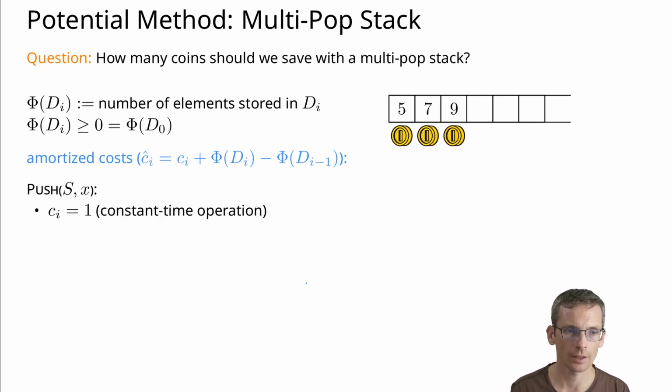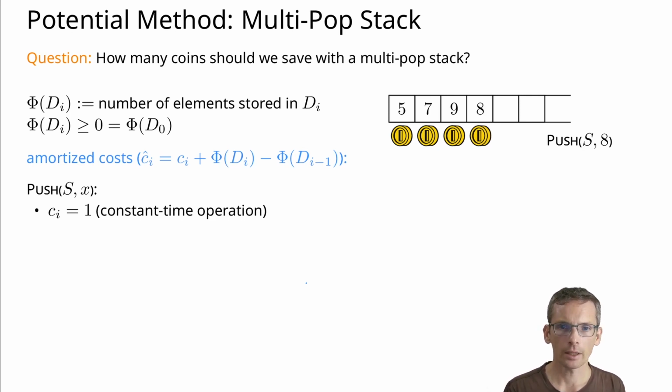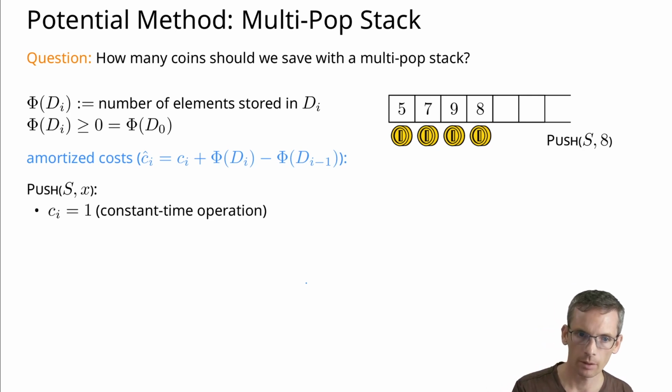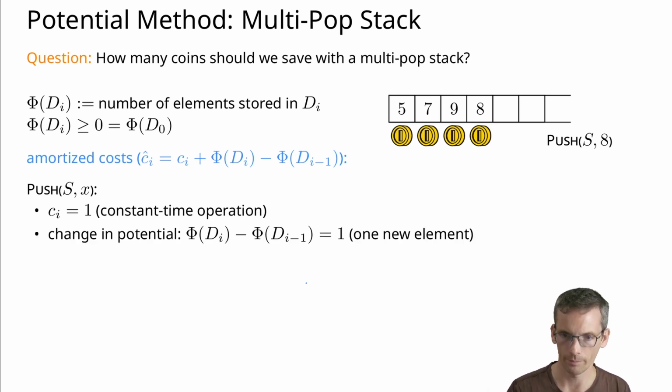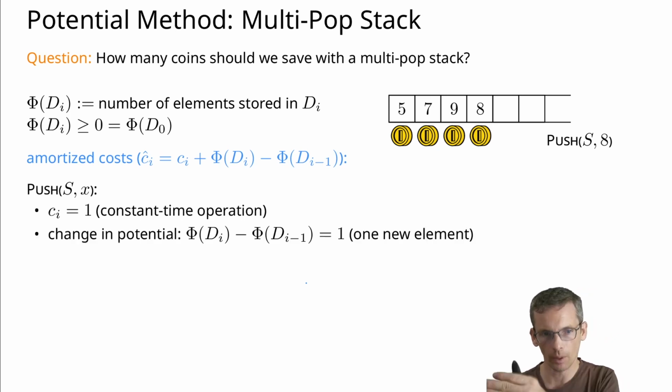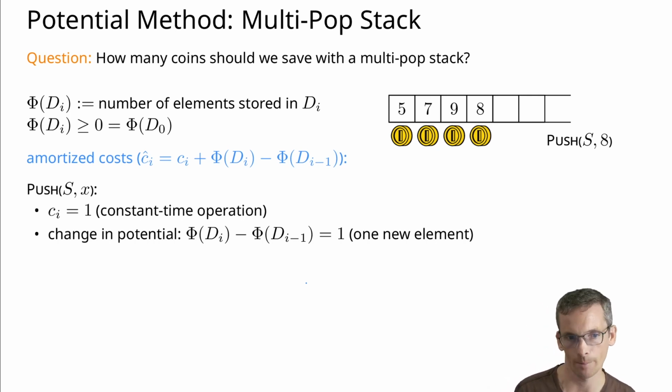Let's have a look at this for push. The actual cost of a push is 1. We simply add an element. Adding one element means that the number of elements stored in Di goes up by 1, so the potential goes up by 1, and the change in potential is 1.